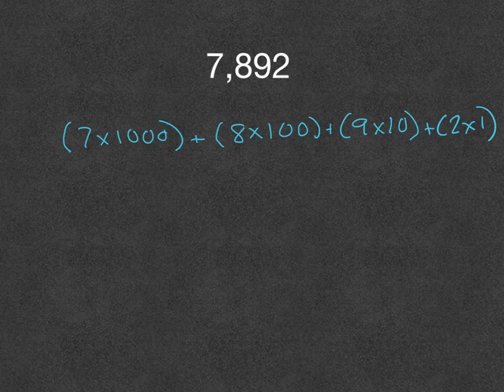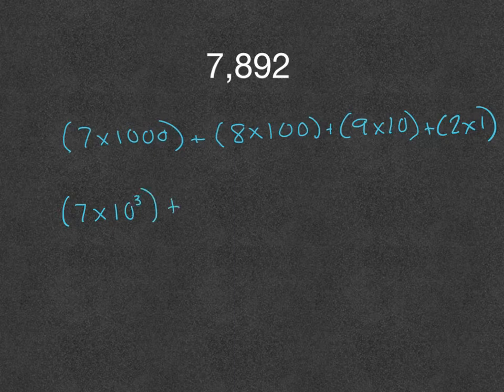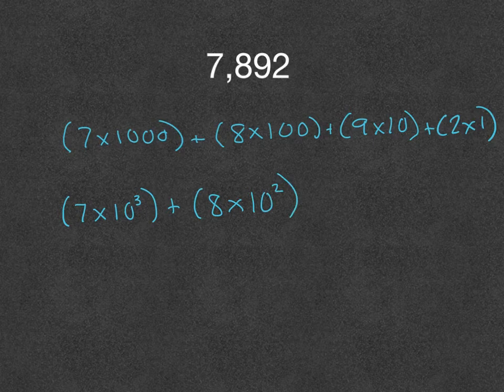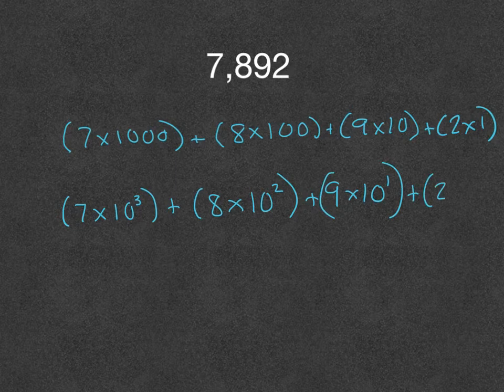So now we're going to take this into exponential form. So 7 times 10 to the third plus 8 times 10 to the second, plus 9 times 10 to the first, plus 2 times 10 to the 0. Okay, so that's how we're going to do that.